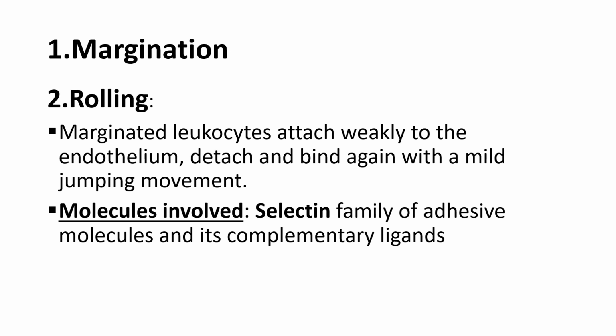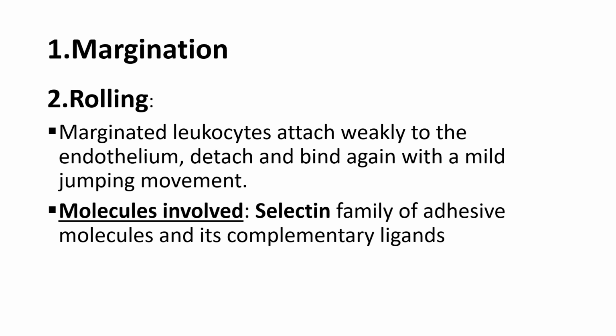I said that when stasis develops, the leukocytes will accumulate at the periphery of the endothelial cells, which is called margination. The margination is followed by what is called rolling.